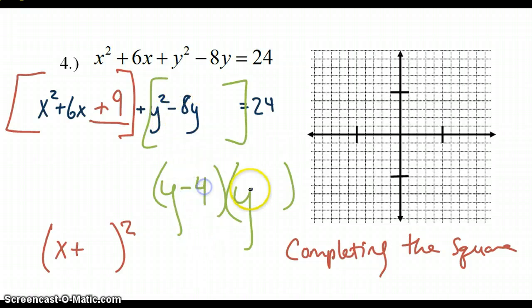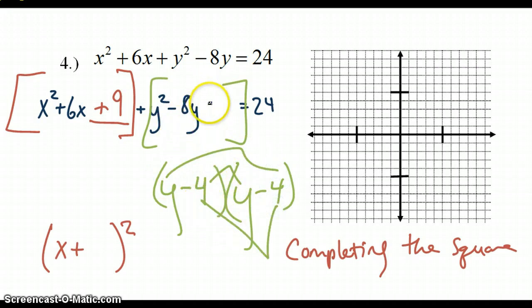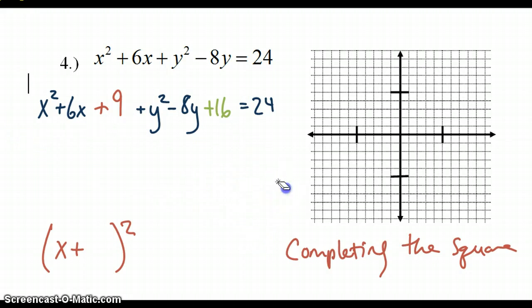So you want to go negative 4 and negative 4 here. That way the inner and outer products will add up to negative 8y. And then what does that last number have to be? Plus 16. So here's what we did. We completed the square by finding what number makes this a perfect square trinomial. So now we've got two perfect square trinomials on one side and a constant on the other.